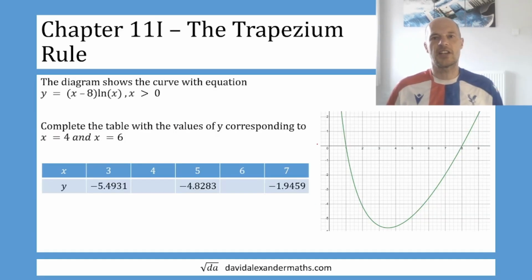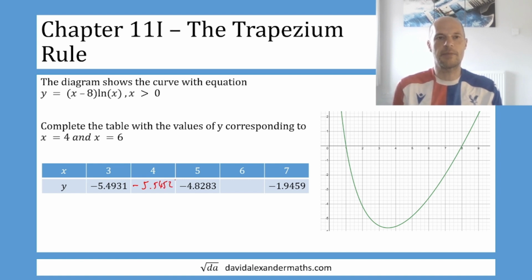Okay, so here's an example of a question where we have to complete a table. Complete the table with the values of y corresponding to x is 4 and x is 6. Well, the y values are x minus 8 ln x, so just replace the x with the 4. So 4 take away 8 times ln 4, so negative 4 times ln 4, and that is minus 5.5452.